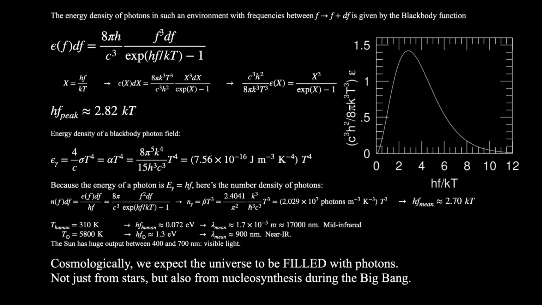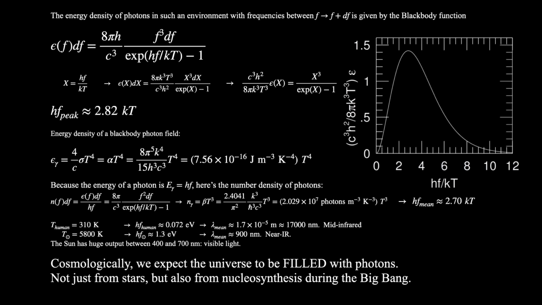So you can see that there's an 8 pi h bar over c squared, and then you've got this function f cubed df, which is that little tiny thing. So we're looking at a differential equation. And at the bottom are the statistics for bosons, which is exp(hf over kT) minus 1. That's the thermal statistics for bosons.